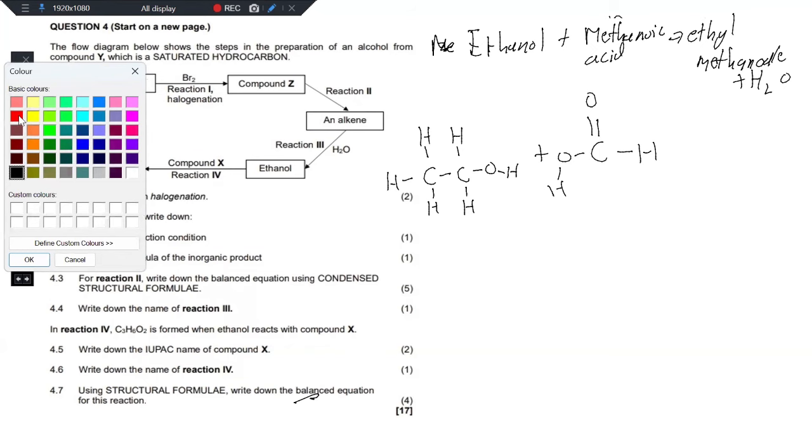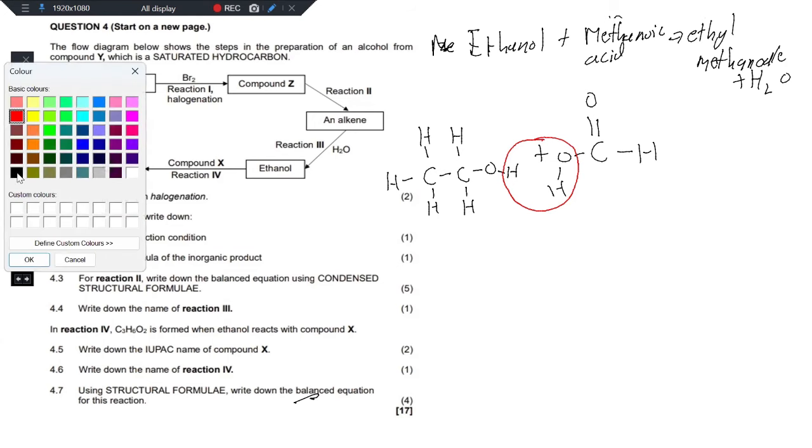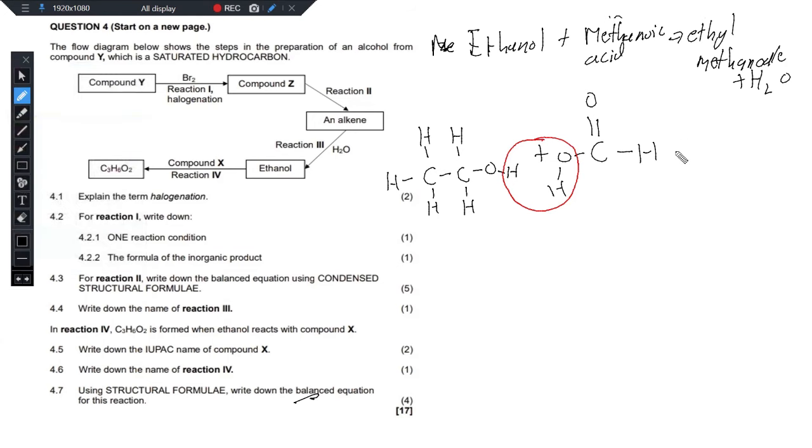Now, looking at this, the OH must always come from the carboxylic acid, and the H must come from the alcohol. So this will give us, so let's note that we need our concentrated sulfuric acid here as our catalyst, right? So it's very important that you show that reaction condition up there as well. And then there we go.